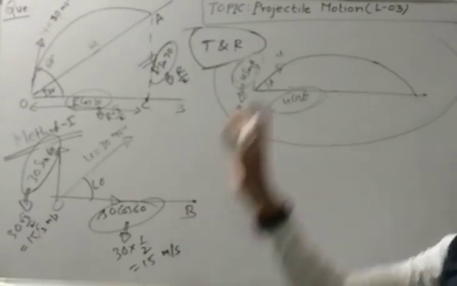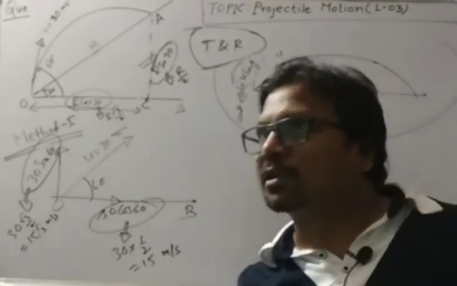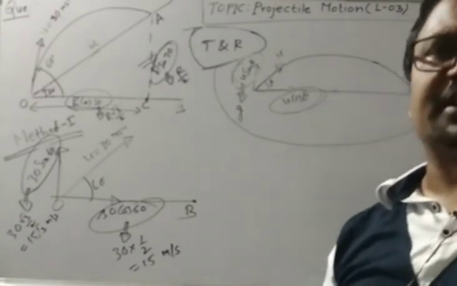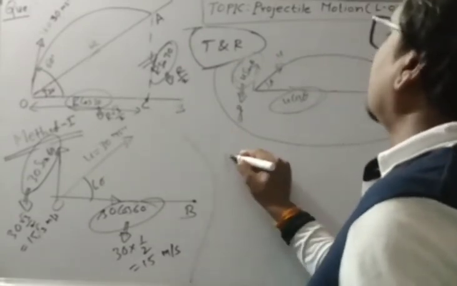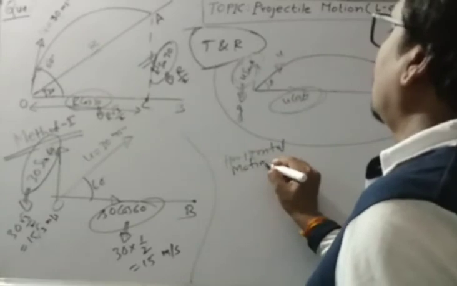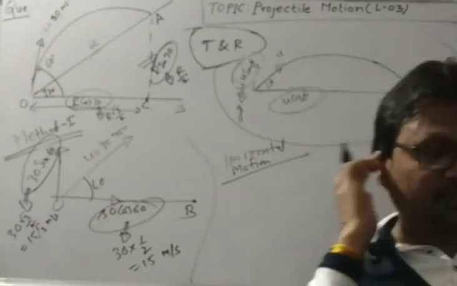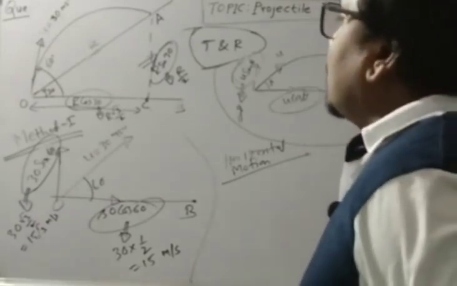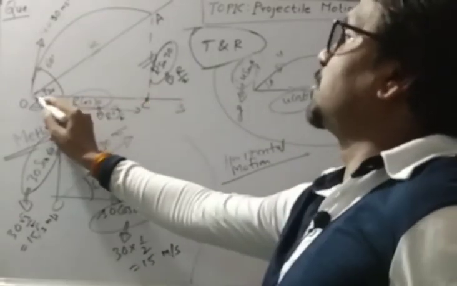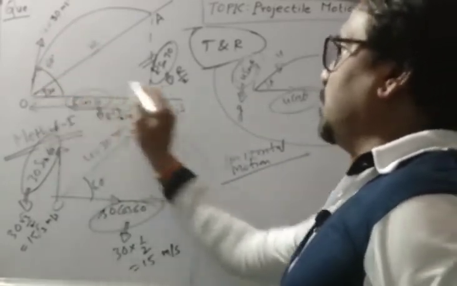So likewise, as in earlier cases of projectile motion, we will consider horizontal motion and vertical motion step by step. For horizontal motion, what can we write? Horizontal motion is along O to C. This is the distance travelled by this projectile in the horizontal direction, that is OC.